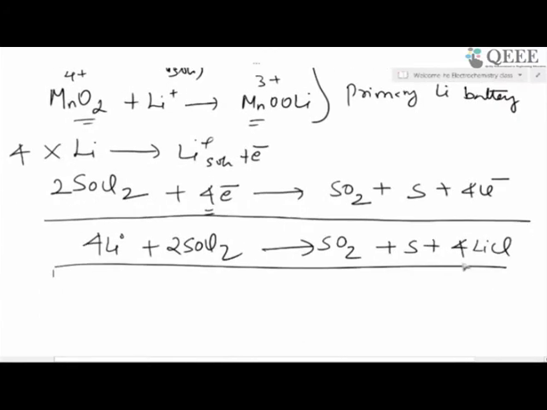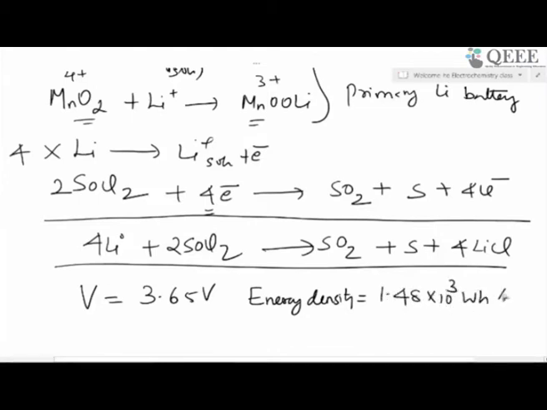The voltage of this cell is 3.65 volt. This is about 1.6 volt higher than the lead acid battery. Okay, and the theoretical energy density is about 48 into 10 power 3 watt hour per kg.